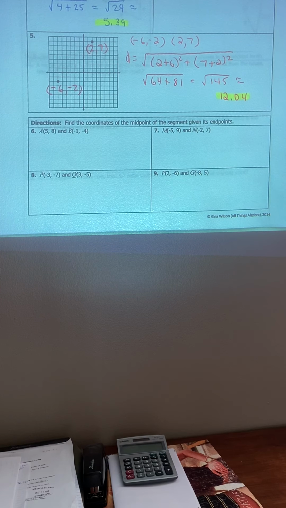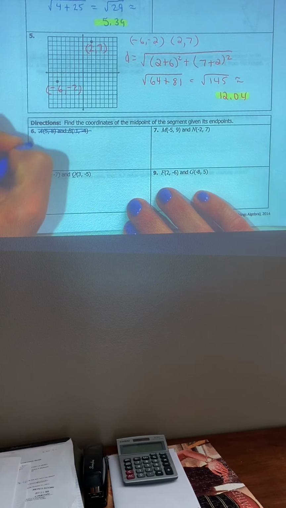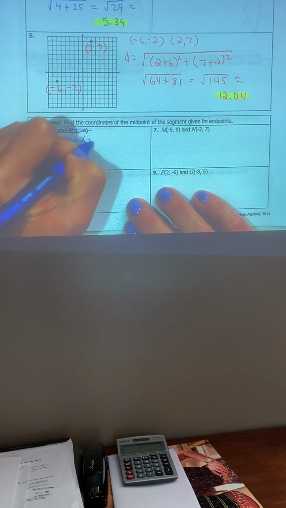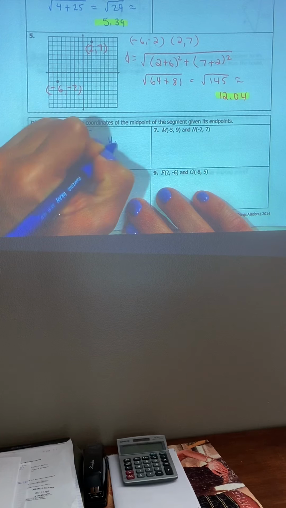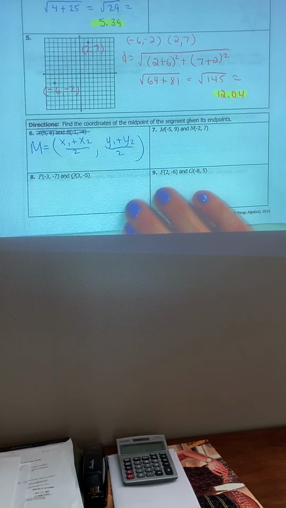All right? We will do the midpoint. I'll put the midpoint formula in here: x1 plus x2 over 2, y1 plus y2 over 2. All right, let's do a couple problems.